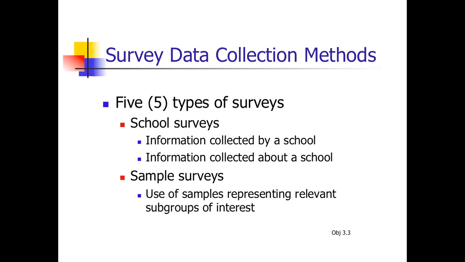The second type of survey is sample surveys, using samples representing relevant subgroups of interest. For example, we are talking about the perception of English teachers on learning from home.